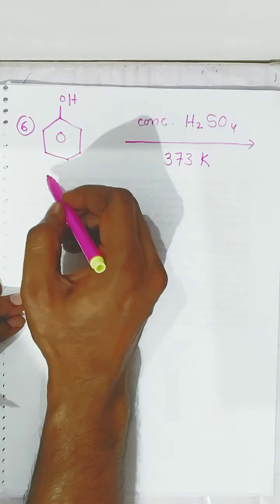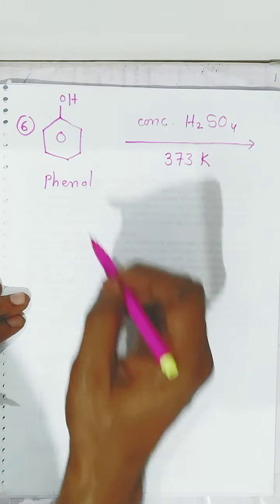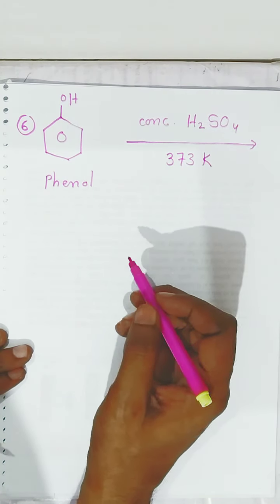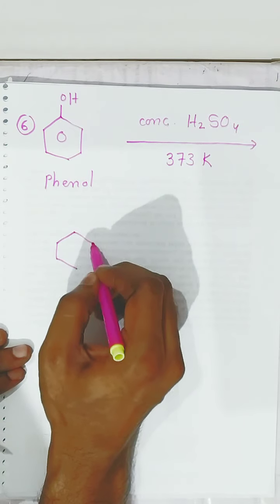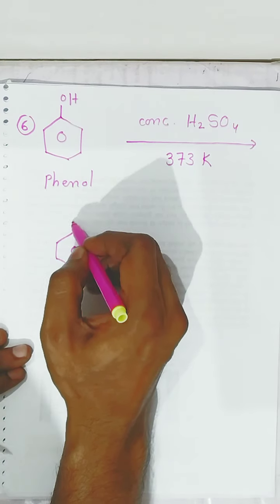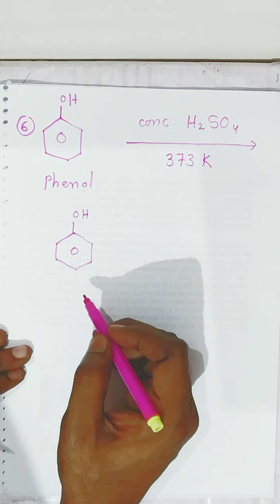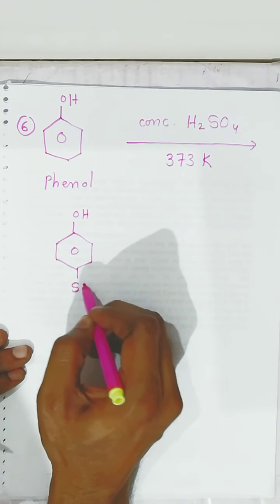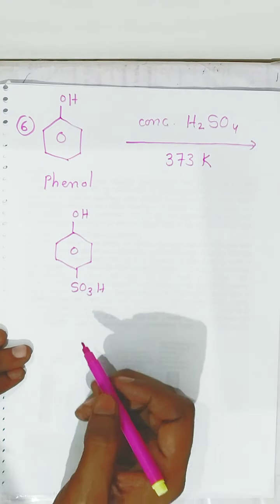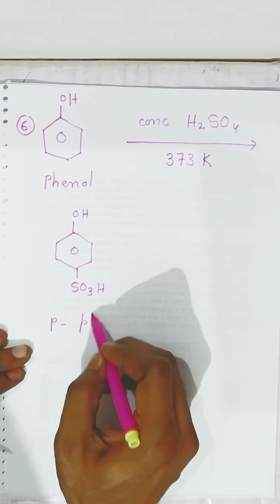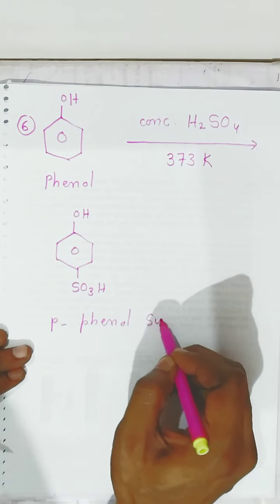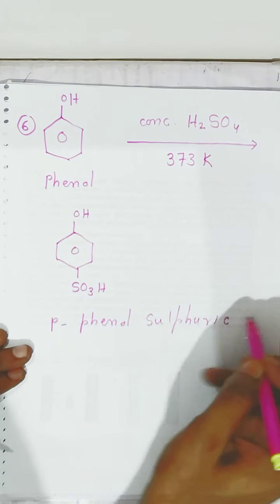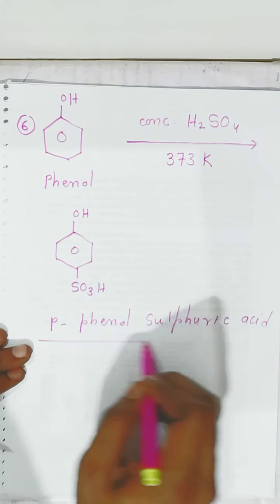This phenol will convert into paraphenol sulfonic acid. The sulfonic group will add at this position. That is why it is called paraphenol sulfonic acid. So this is the product we are getting.